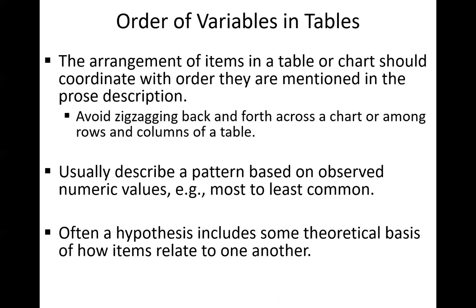So ascending or descending order, from most to least common. It's nice to have an order rather than your reader trying to find which is the most commonly cited reason, for example. Start with the one that most of them got right, down to the item that most of your participants got wrong. Okay.